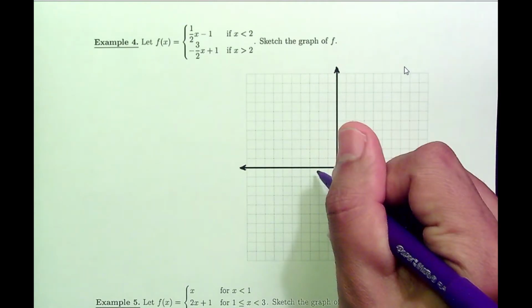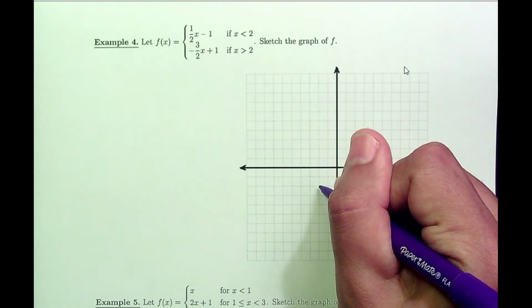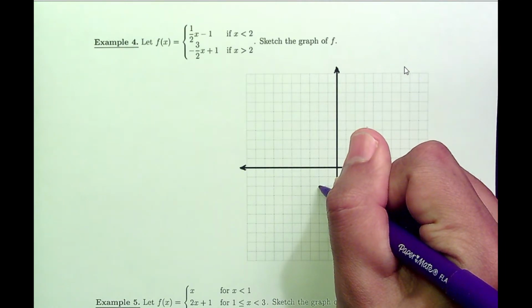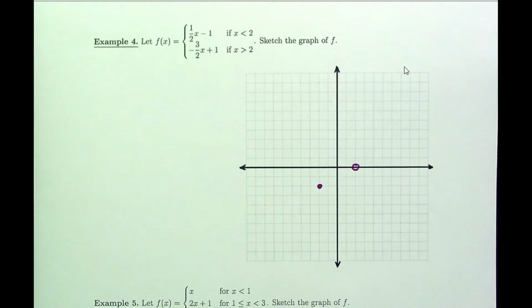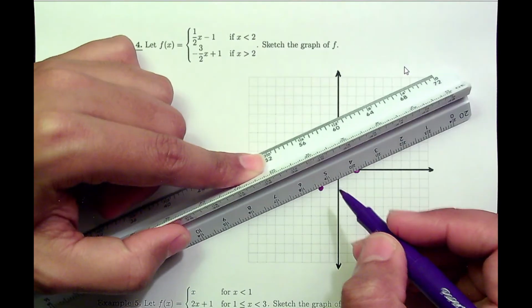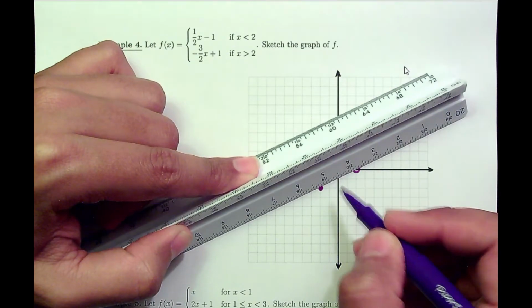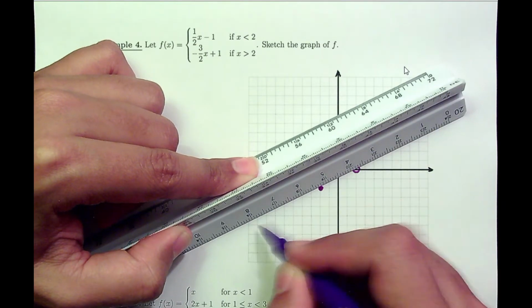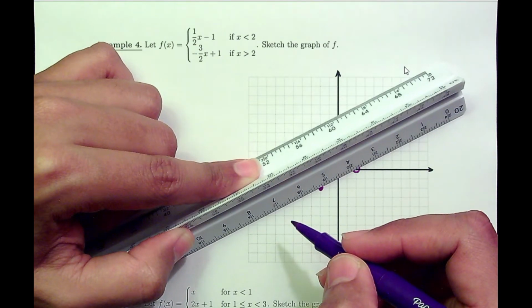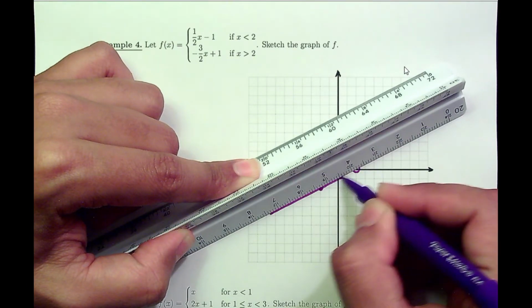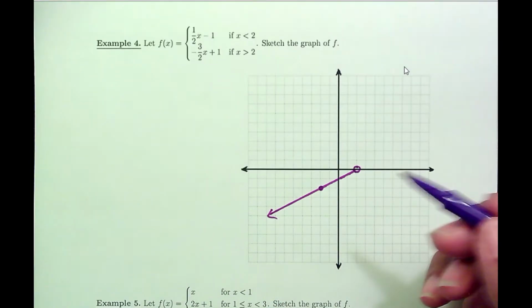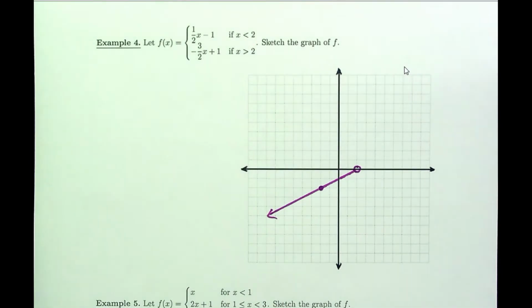So when x equals negative 2, you get negative 2. That's included. Okay, so then you connect these two, and that's the graph of the upper part of this piecewise defined function. Okay, that's the graph of the upper part, this part.